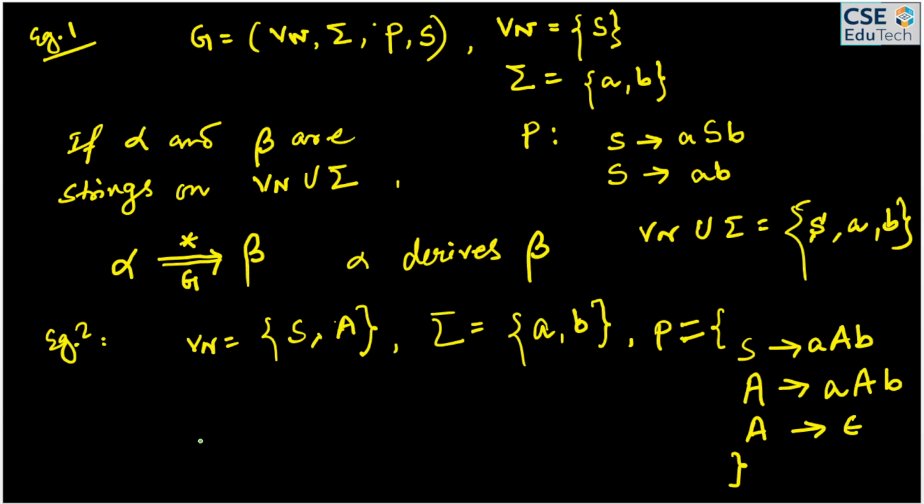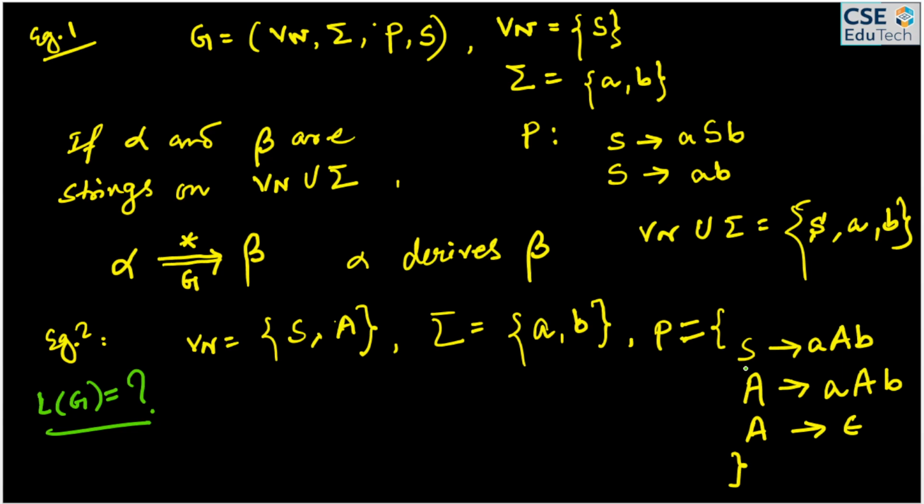Now from this, what is the language generated by this grammar? So what will be L of G? This is my question: what will be the language that is generated by this grammar? Clear? So to generate the language, we try to find a pattern.